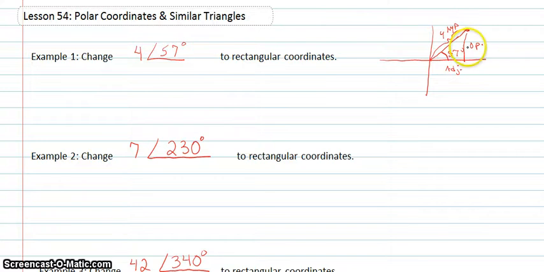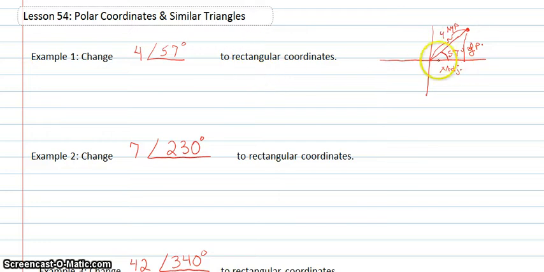And we need to find what this length is. This is like a y, and what this length is, it's like an x. So what we do, and I just recommend memorizing how to find them.